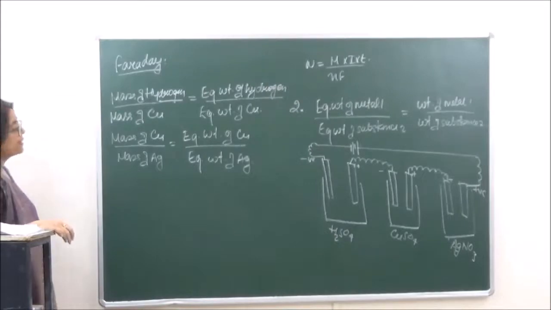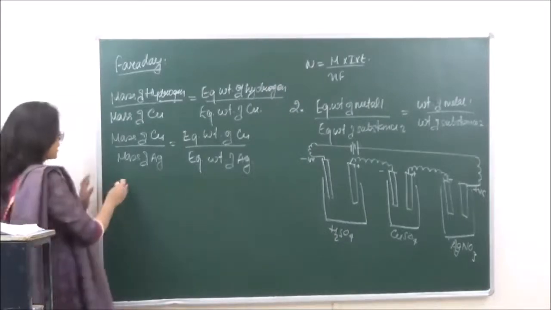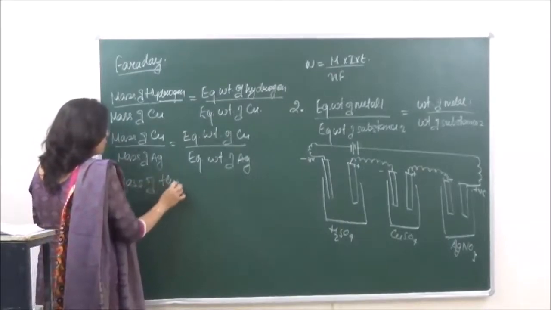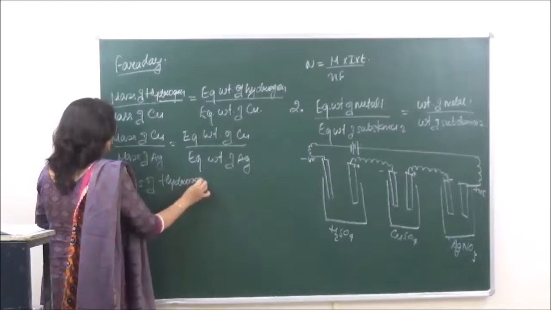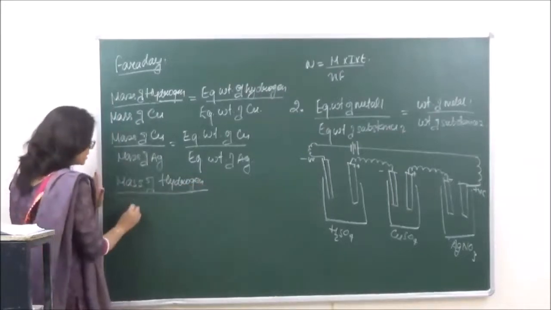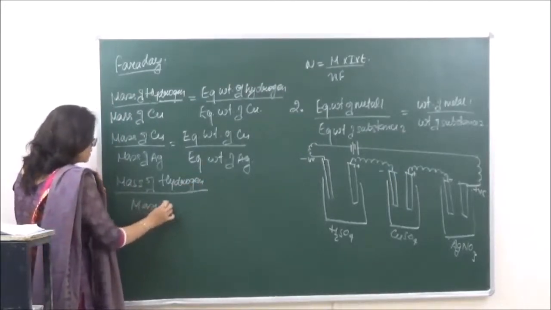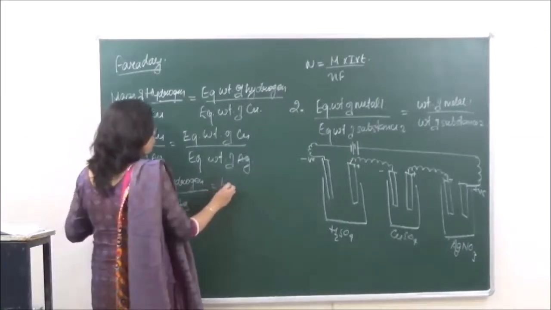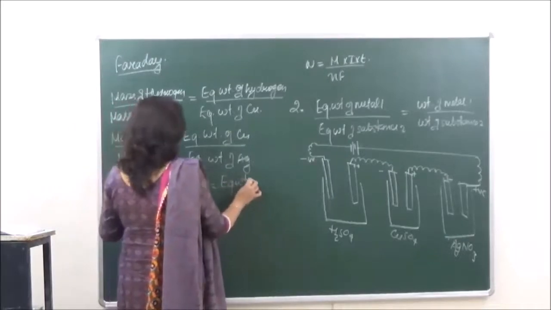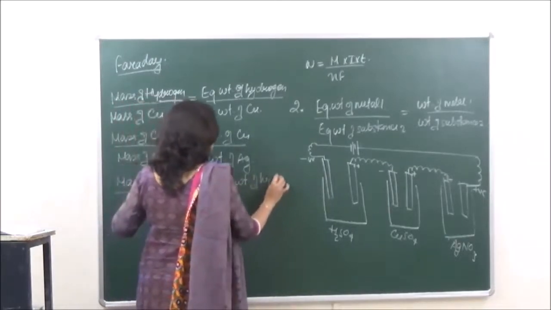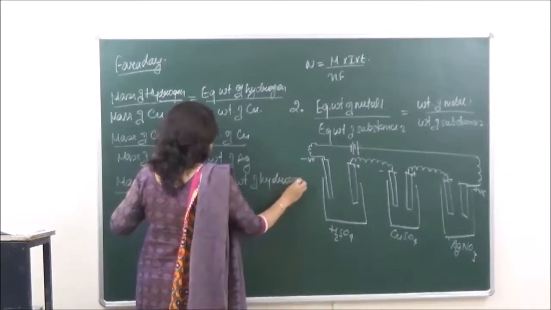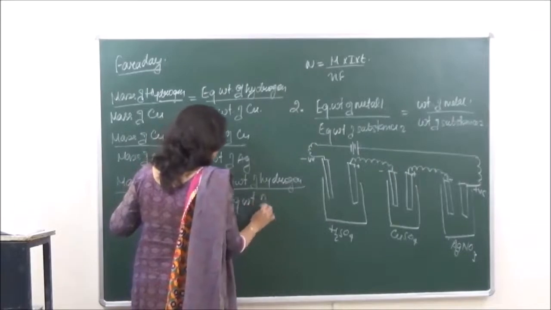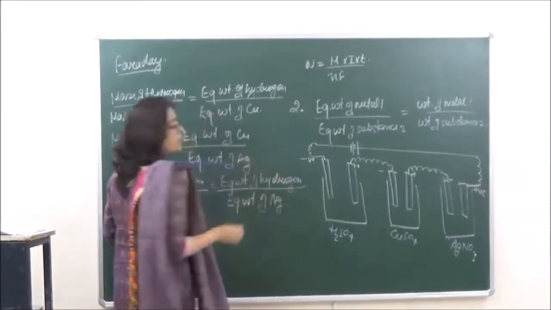And we can also compare silver and hydrogen. If you are taking silver and hydrogen, then the mass of hydrogen upon the mass of silver is equal to the equivalent weight of hydrogen upon the equivalent weight of silver.